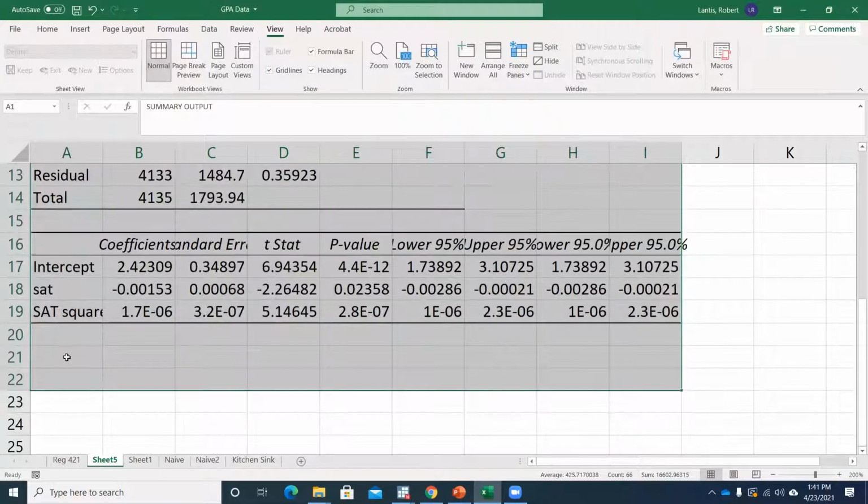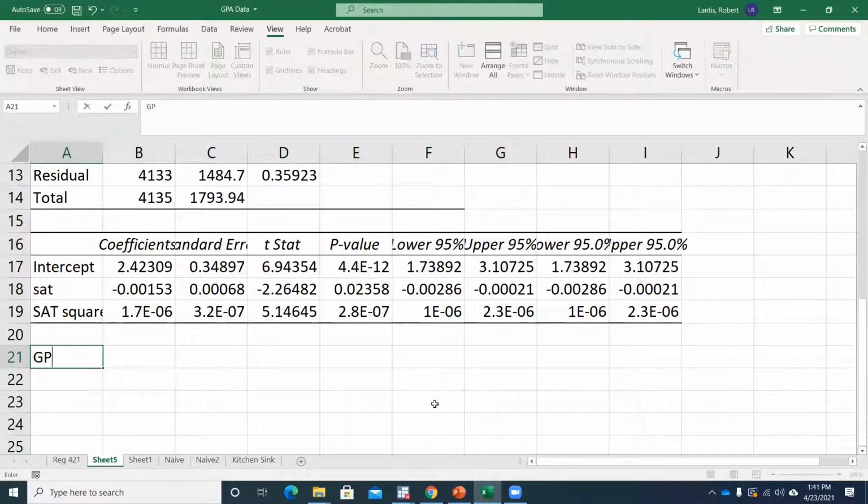Really what I have now is GPA is the intercept plus B times SAT plus C. Well, I'll keep the normal convention. So we'll call this B1 times SAT score and B2 times SAT squared.